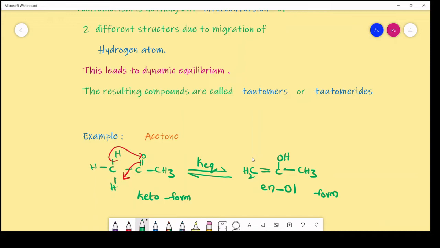They move from left to right and right to left. That's why we call it dynamic equilibrium. This equilibrium is not static. Is it clear?